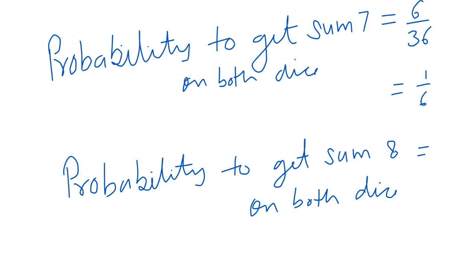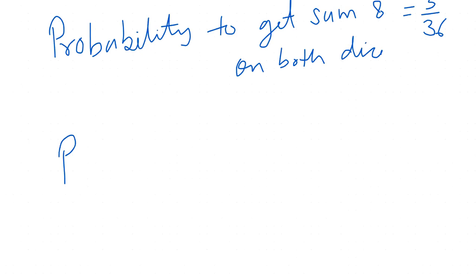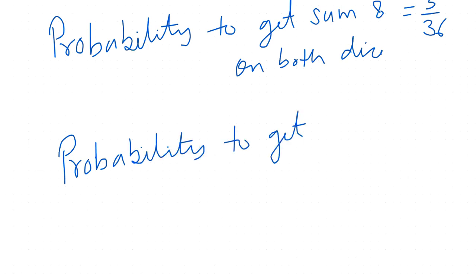So we have 5 outcomes. Now let us find probability to get sum 9 on both dice is equal to, let us count to get 9, or like 3 comma 6, 6 comma 3, 5 comma 4, 4 comma 5.